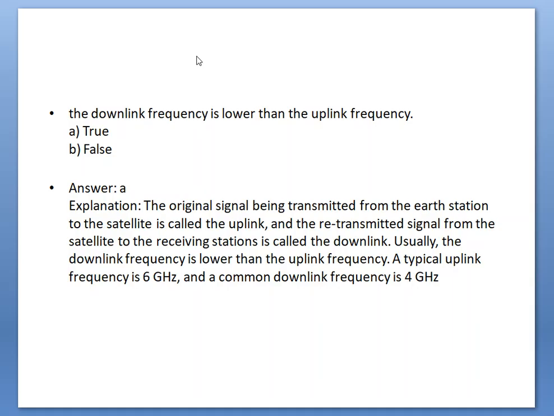Usually, the downlink frequency is lower than the uplink frequency. A typical uplink frequency is 6 GHz and a common downlink frequency is 4 GHz, taken as an example. So that's why the downlink frequency is always lower than the uplink frequency.